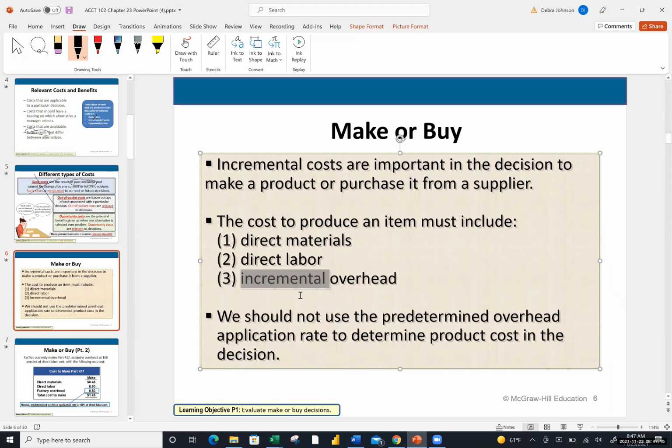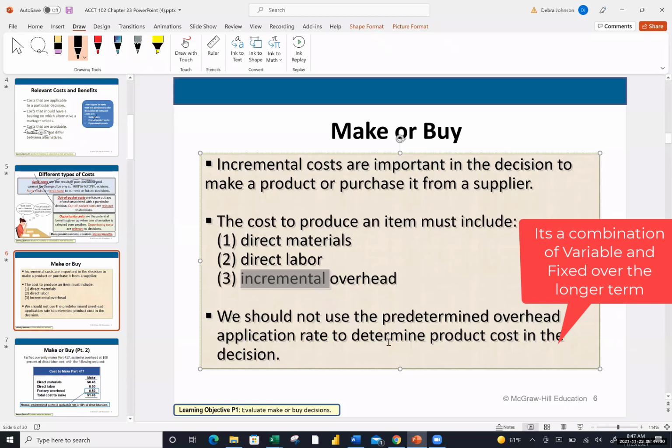Fixed overhead is included if it's considered incremental overhead, or it's something that we have to incur because of the decision that we're going to make. We should not use the predetermined overhead rate to determine product costs in this type of decision. These are outside that kind of normal scope of operations. Questions on that?